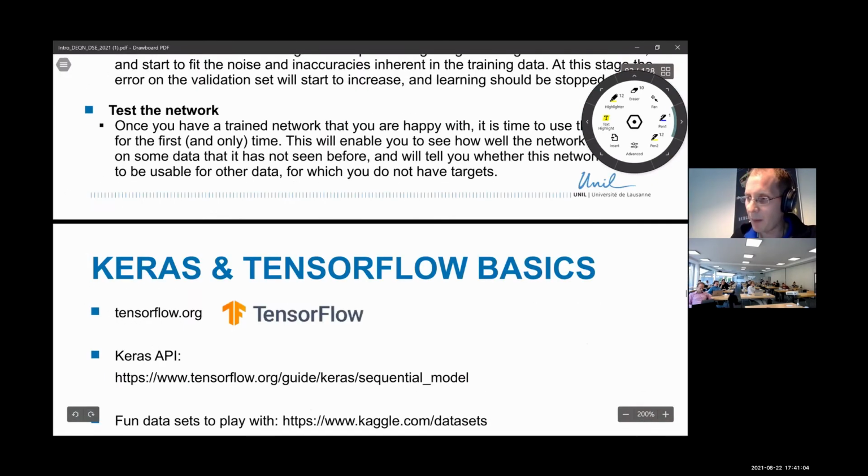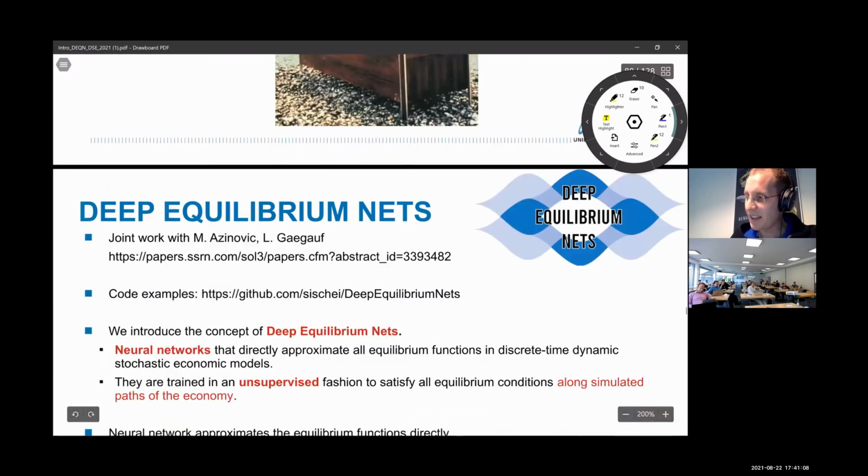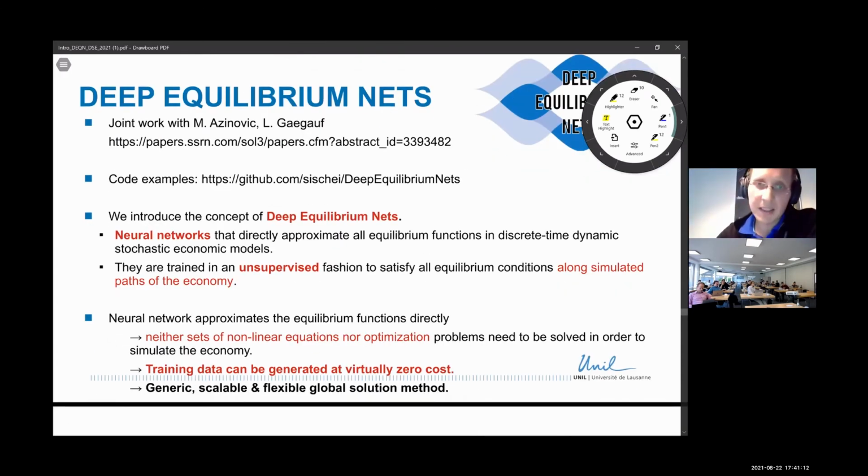There's code that they uploaded. And now, as I said, let me actually start with the economics, the deep equilibrium net. So as I said, we want to use deep equilibrium nets as a method to solve dynamic stochastic economic models with high dimensional state spaces and strong nonlinearities.